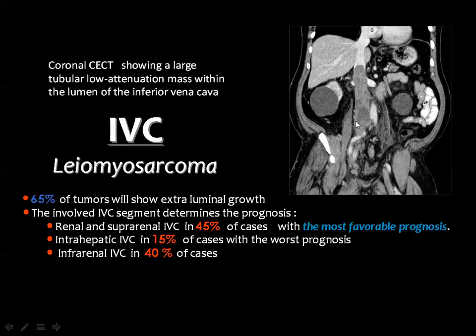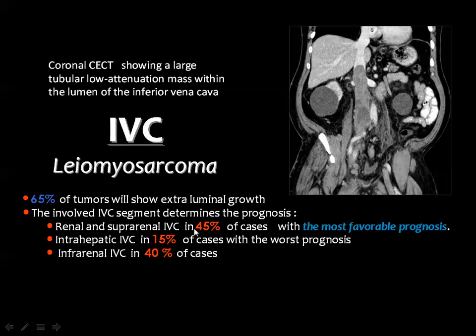And then these are the incidence of the involvement of the IVC by leiomyosarcoma: renal and suprarenal in about 45%, intrahepatic in about 15%, infrarenal in about 40%.